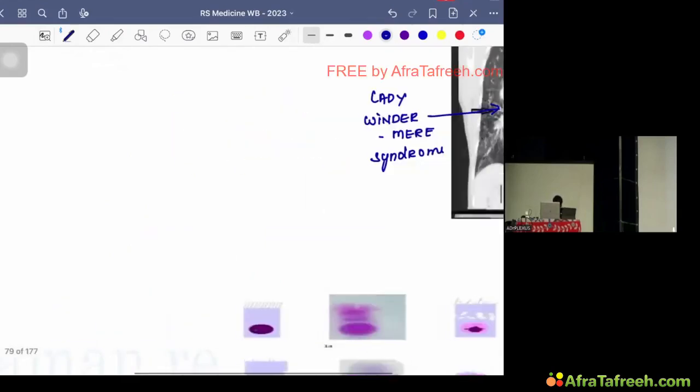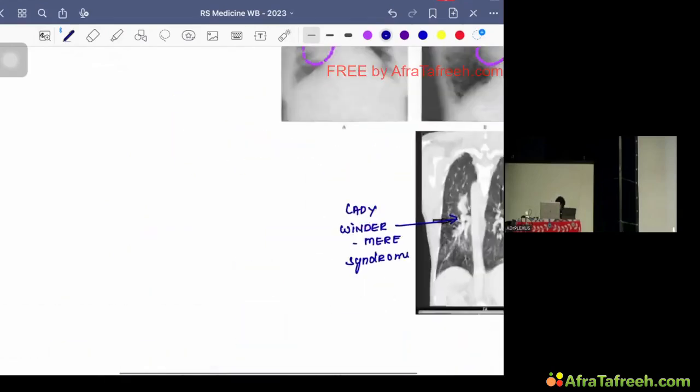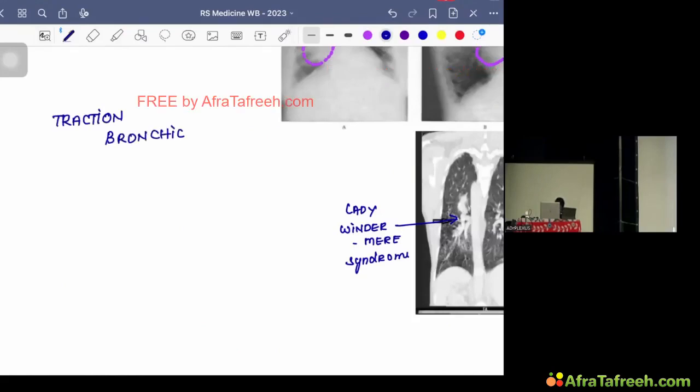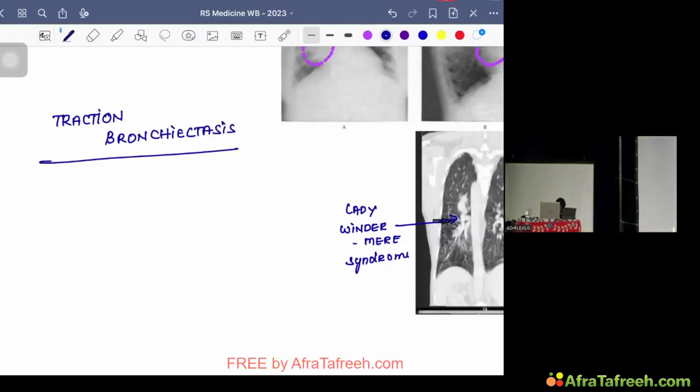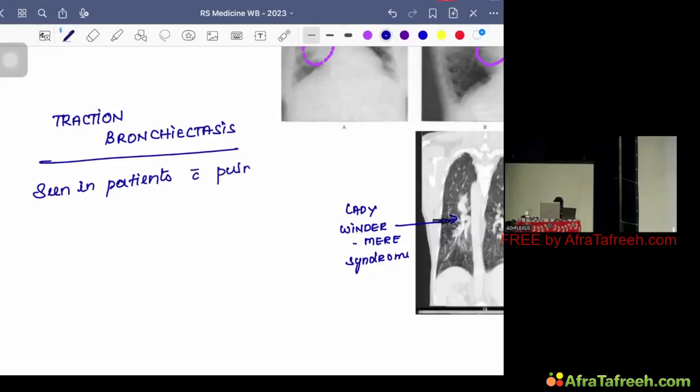Then you have another condition, as we discussed previously, traction bronchiectasis. They don't include this in the classification of bronchiectasis. This is usually seen in patients with pulmonary fibrosis.